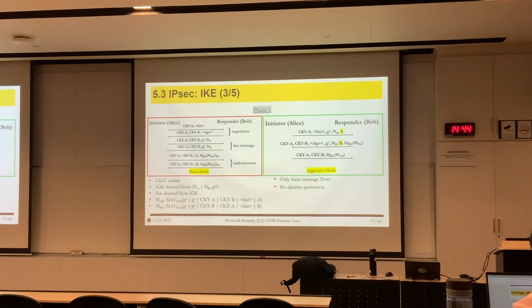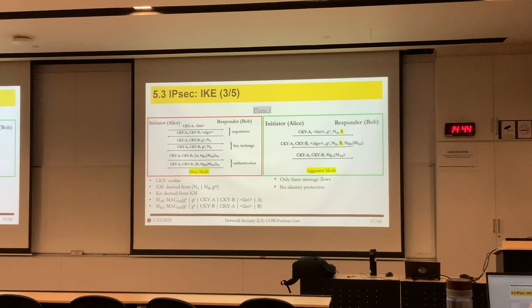But we have KM, which maybe you can just understand as a master key. It is calculated from the nonces and g^x. This is the result of the exchange. And KE is computed from KM. So it means that only the two entities, A and B, know KE.